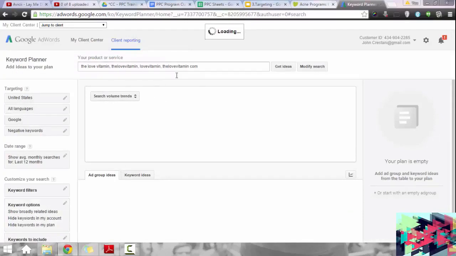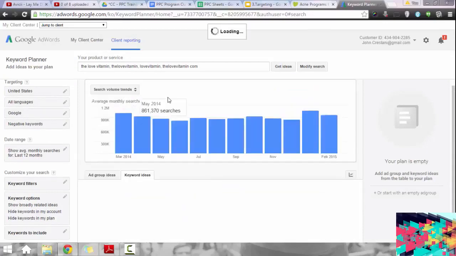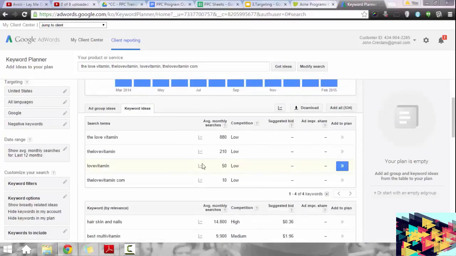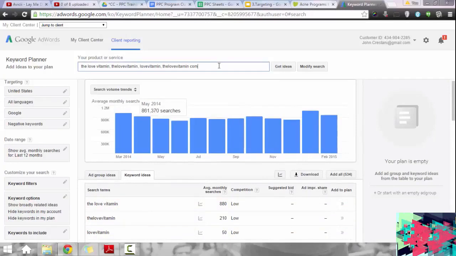We're using a couple different examples here. We look at keyword ideas. Remember, we go to this tab in here. It may change. But we're seeing Love Vitamin, Love Vitamin, lovevitamin.com.